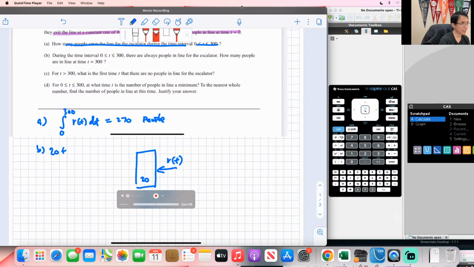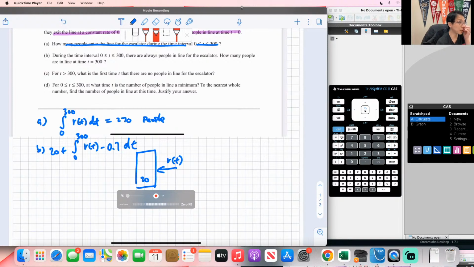Now they both have rates. So if you integrate a rate, you get an amount, just like integrating velocity gives distance traveled. I'm going to integrate between 0 and 300 of R of t, and I'm going to take away the leaving part, which is minus 0.7 dt.